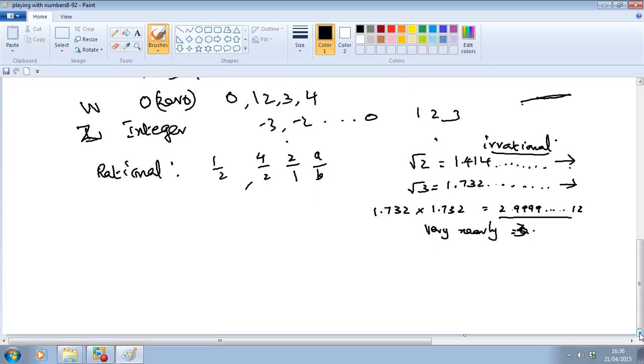You may observe pi is also called irrational. Why? Pi is equal to 22 by 7, which is a by b, or 3.14. But these digits will go on like this. 22 by 7 is only an approximate value, not exact. For calculation, we take it like this. This is only approximate.